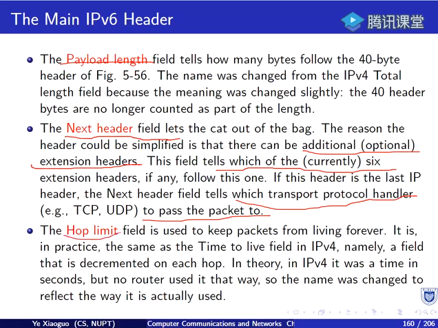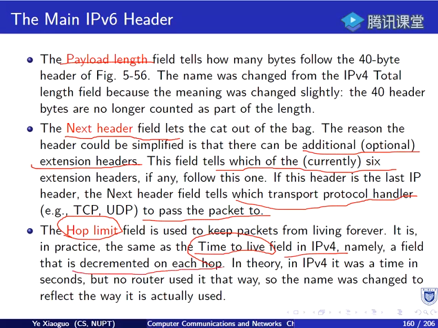Then the hop limit is similar to the time to live field in IPv4, namely a field that is decremented on each hop.